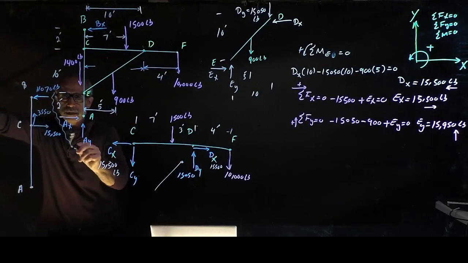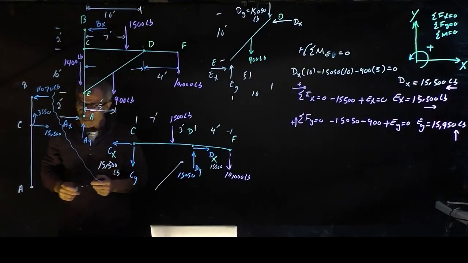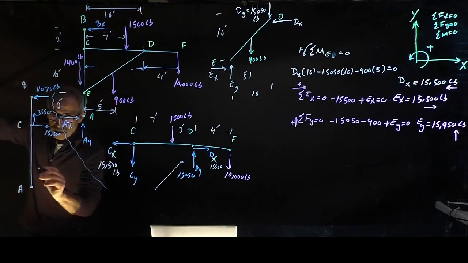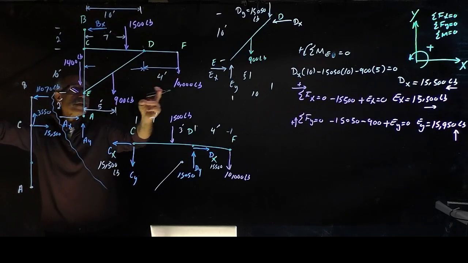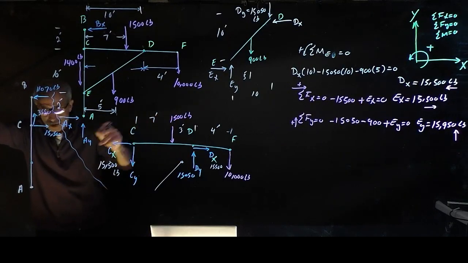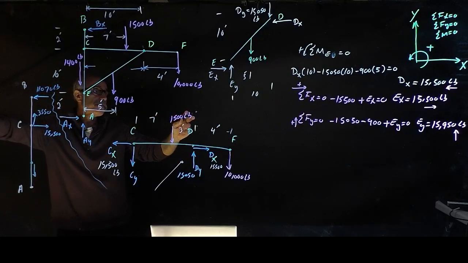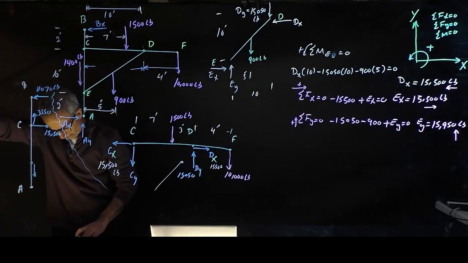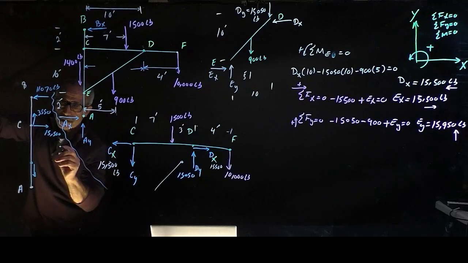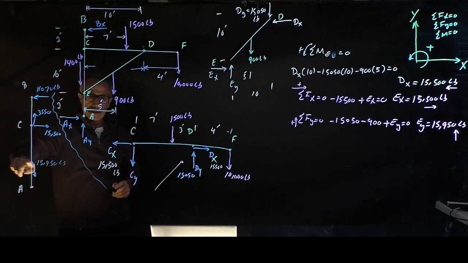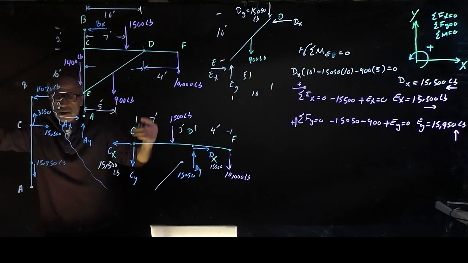Let me just separate this right here. Then we have nothing else. Do we have point E actually right there? And at point E we had EY, so our EY is going to have to come down, and that was 15,950. And then we had EX, which was going that way. Ours is going to come this way, therefore.